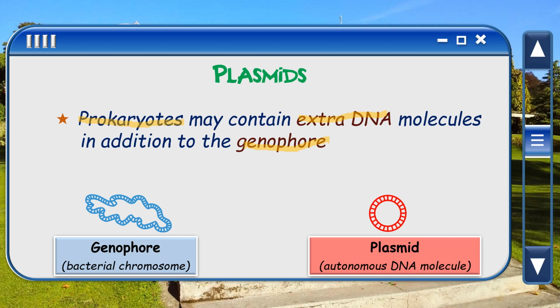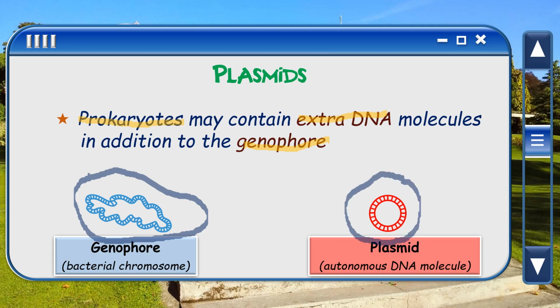Here we have our gonophore, which is the circular DNA or chromosome. And then they also have another extra DNA, which we call the plasmid, an autonomous DNA molecule.